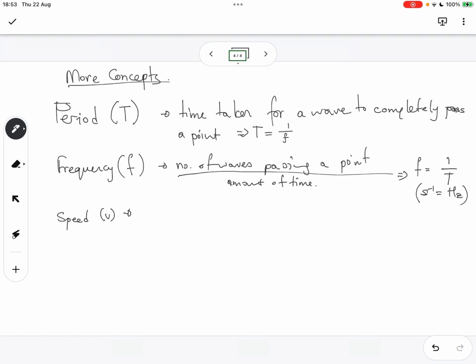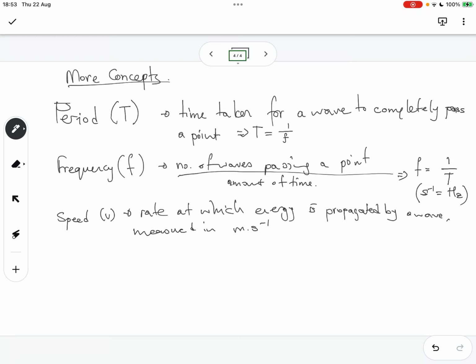Then back to the speed of waves. That is the rate at which energy is propagated by a wave, and it's measured in meters per second.